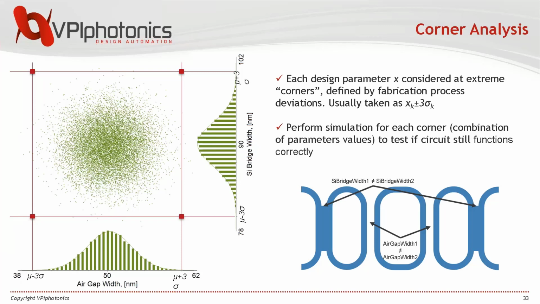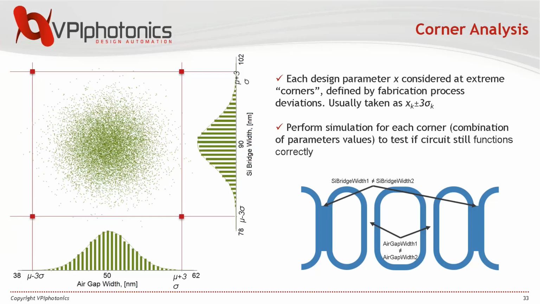If we have parameters subject to process variation, process corners represent the extremes of these parameter variations. For example, assuming a Gaussian distribution of our width parameters, the corners correspond to the mean value plus or minus 3 standard deviations. This leads us to the idea of corner analysis.